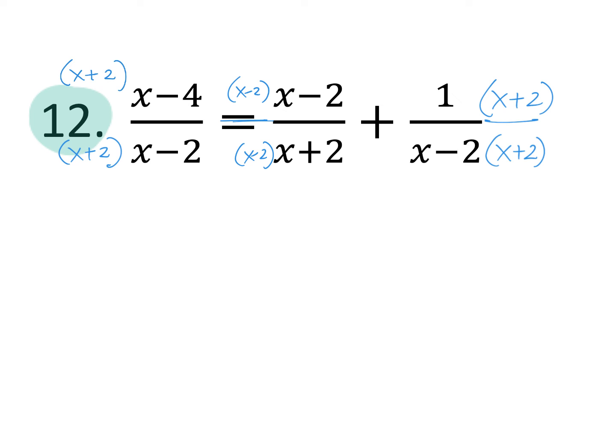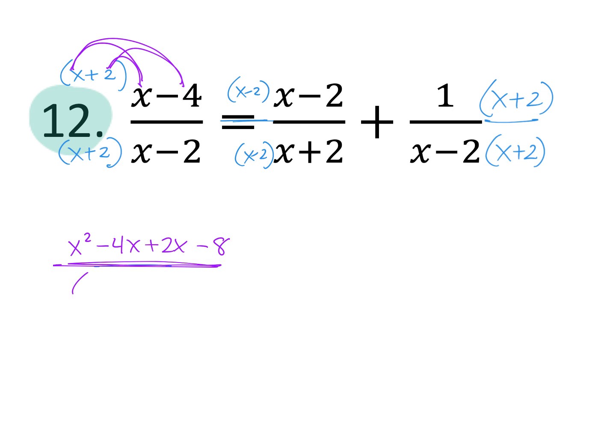So now essentially what you're looking at is, I'm going to FOIL right off the bat. Is that okay? Can I do that? So I'm going to go first. So x squared minus 4x plus 2x minus 8.